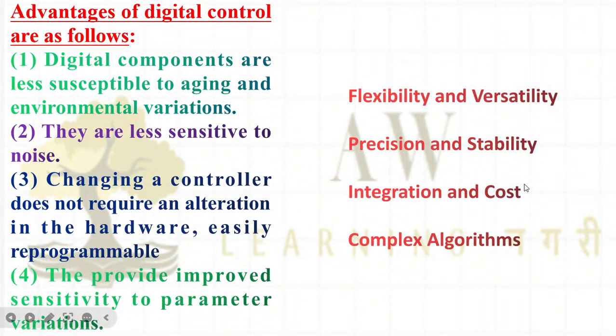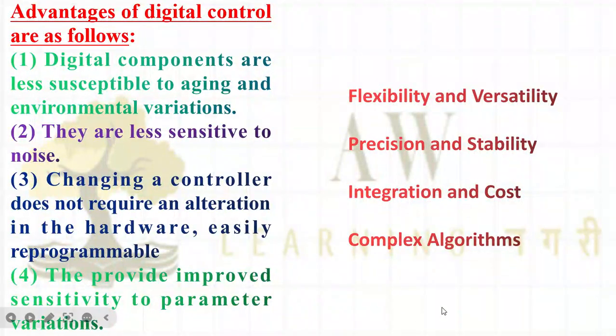Then integration and cost. If you see the chip, the hardware controller cost is higher, but once you have taken it and used it, it is very effective. And you can see that on a larger scale, cost optimization is also there if you go for the digital controller.